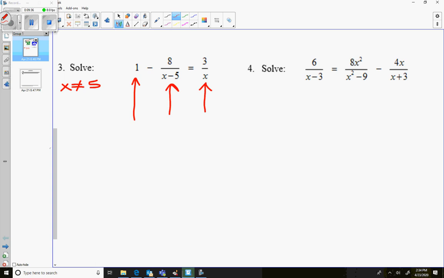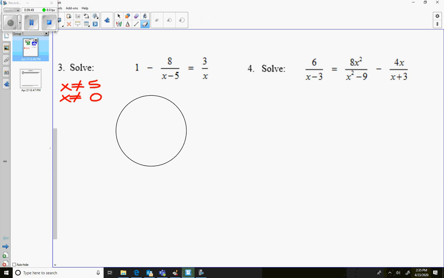This one tells me x cannot be 0. So as long as I get any answer other than 5 or 0, we will be fine for this problem. You don't need to necessarily write that every time, but you need to be aware of it. So x cannot be 5 or 0.